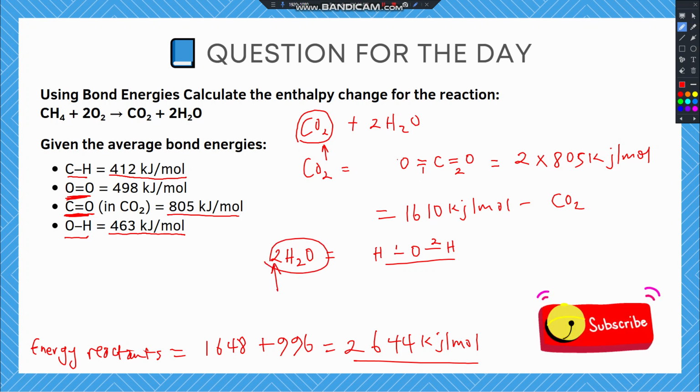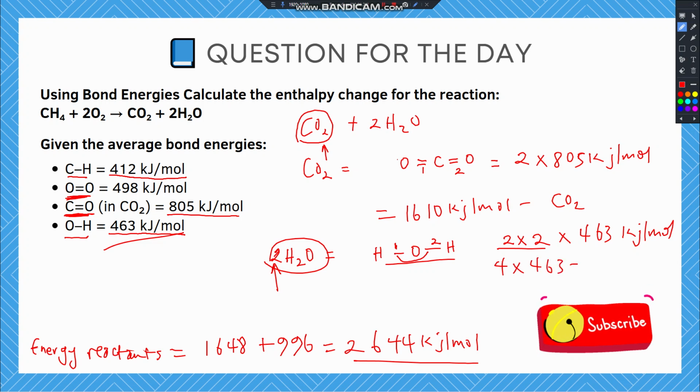So that tells us that we need 2 times 2, since there are 2 bonds in H2O and then there are 2 moles of water. So we need 2 times 2 multiplied by the bond energy, which is 463 kilojoules per mole. So altogether we have 4 times 463, which gives us 1852 kilojoules per mole.